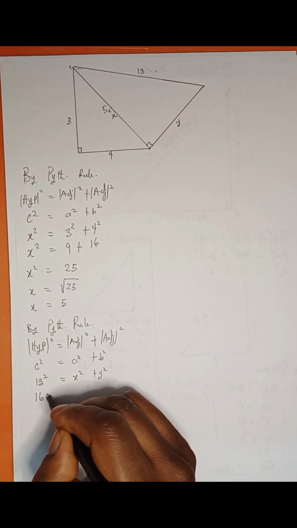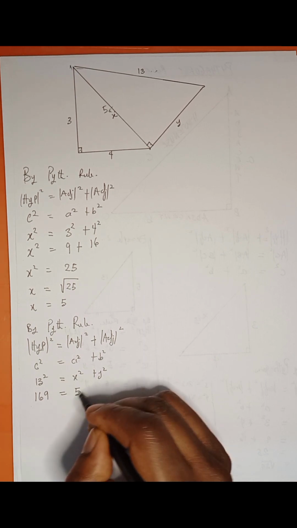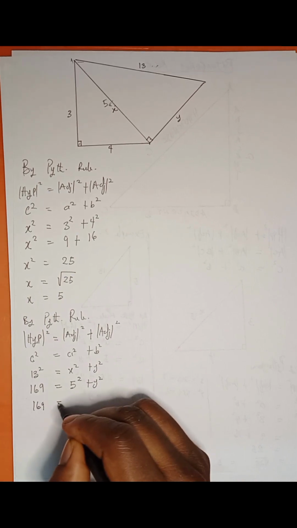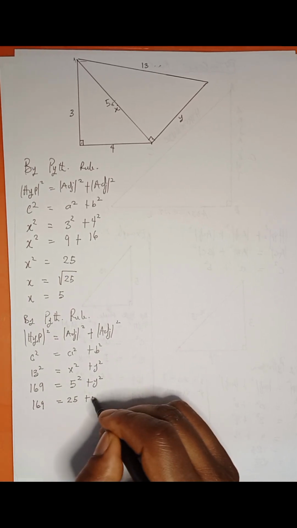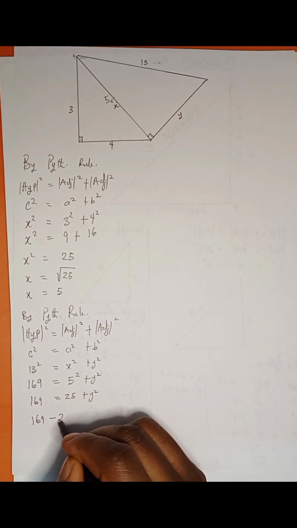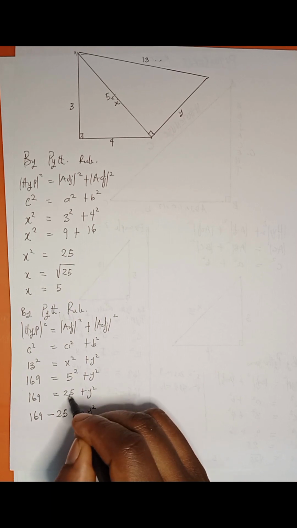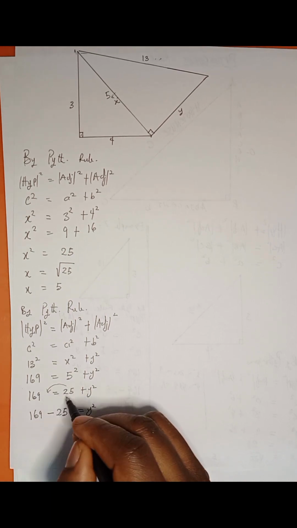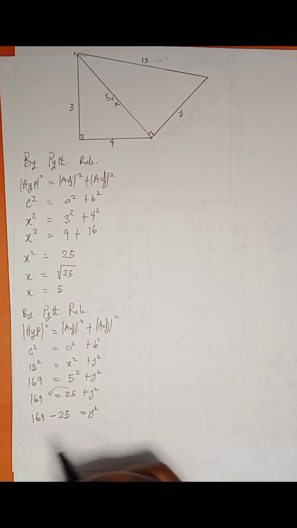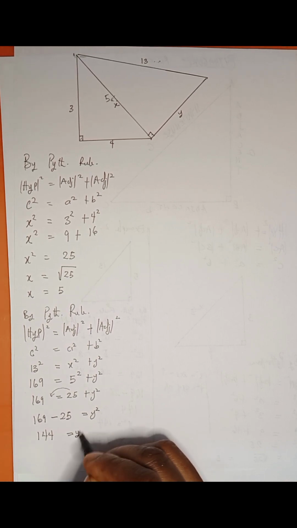Whereas this is 169. But x, we found x to be 5. That's 5 squared plus y squared. So that's 169 is equal to 25 plus y squared. So 169 minus 25 is equal to y squared. This becomes minus when it comes to this side of the equation. So 169 minus 25, I have 144, which is equal to y squared.